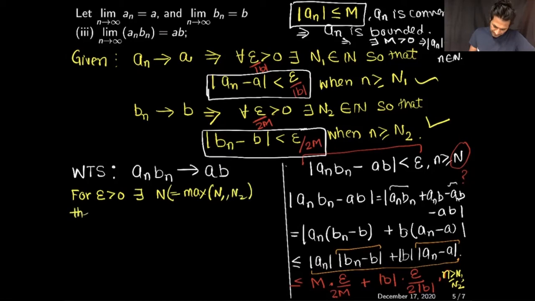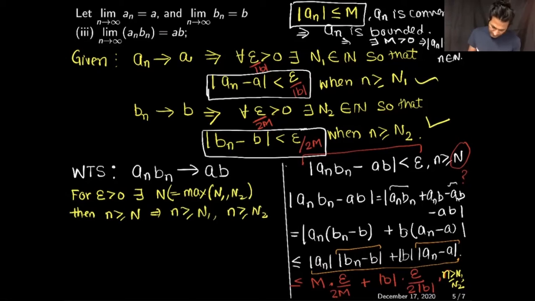Then when n is bigger than or equal to capital N, this implies n is bigger than or equal to n1 and also n2, because N is the maximum of n1 and n2.